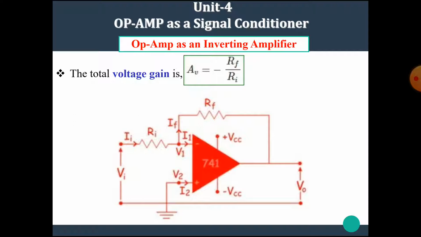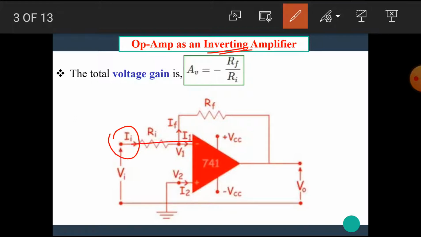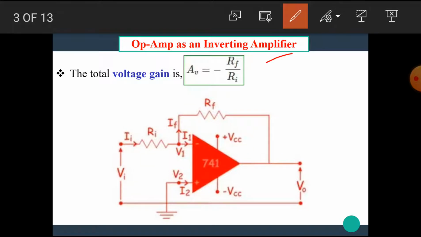Before going to start the problems, let's summarize our previous concepts. First one is the op-amp as an inverting amplifier. Here, the inverting amplifier means the input supply is given to the inverting terminal. At the same time, the non-inverting terminal is connected to ground. This concept is known as the inverting amplifier.